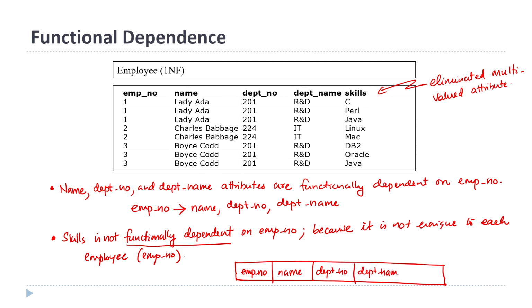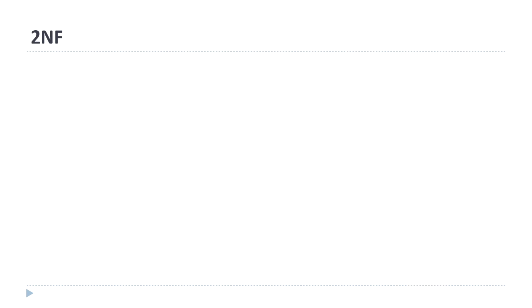This is another approach people use, and skills, and from employee number you draw arrows like this. That means the employee number functionally determines all these 3 attributes and not the skills attribute. That is outside the functional dependency of this table. So, now how do we convert it into 2NF? Example of 2NF.